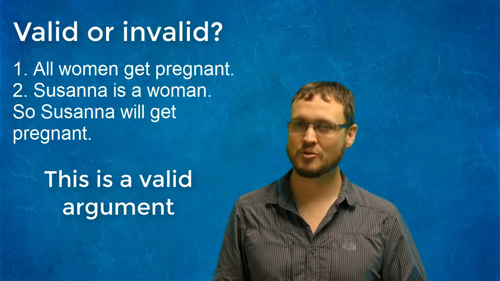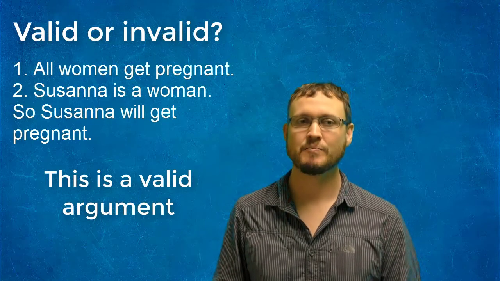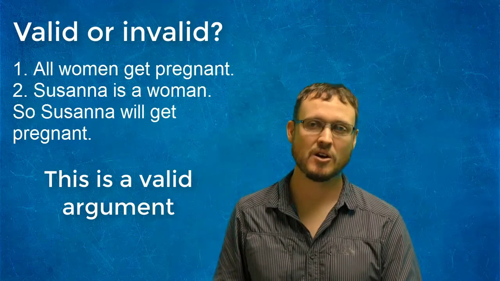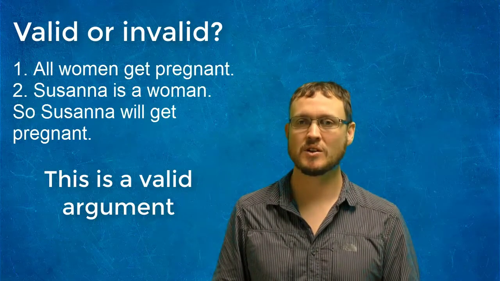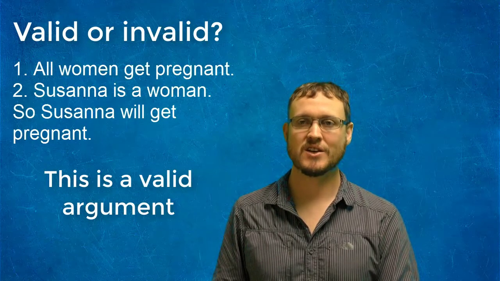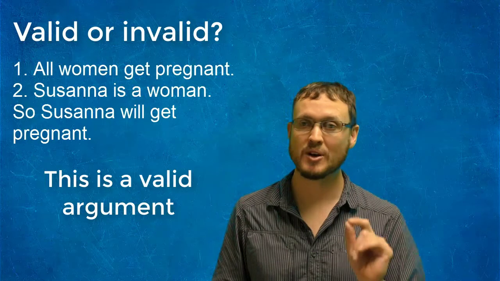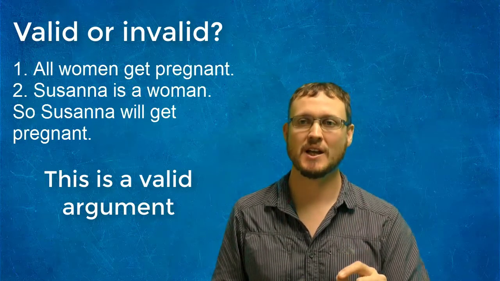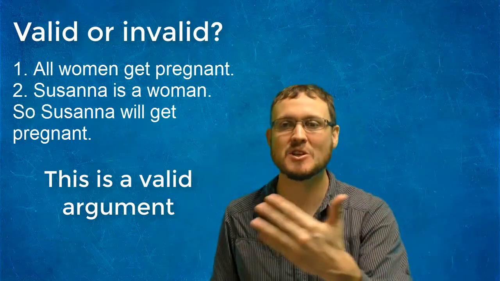What I just said before was that even if the premise doesn't make sense in content, we assume for the sake of the argument that it's true. So even though I know that the first premise is false, I still assume that it's true. So believe it or not, this is actually a valid argument. Because if it were true, remember I said counterfactual, thinking about what would have happened, what may have happened if something else was the case.